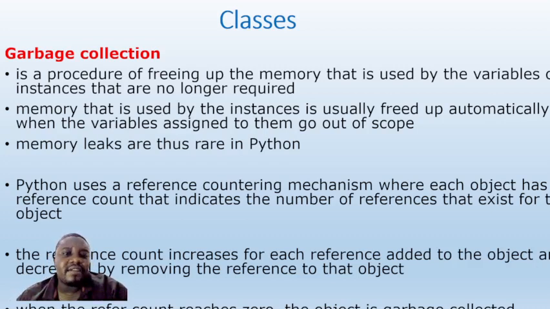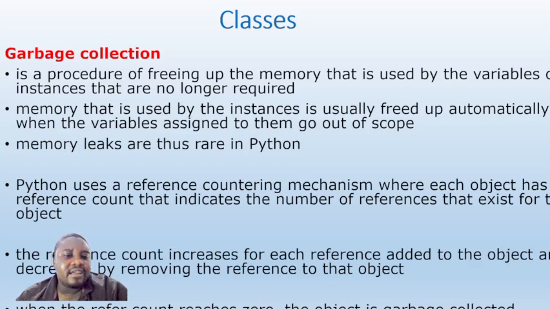Python uses a reference counting mechanism where each object has a reference count that indicates the number of references that exist for that object. The reference count increases for each reference added to the object and is decreased by removing a reference to that object.